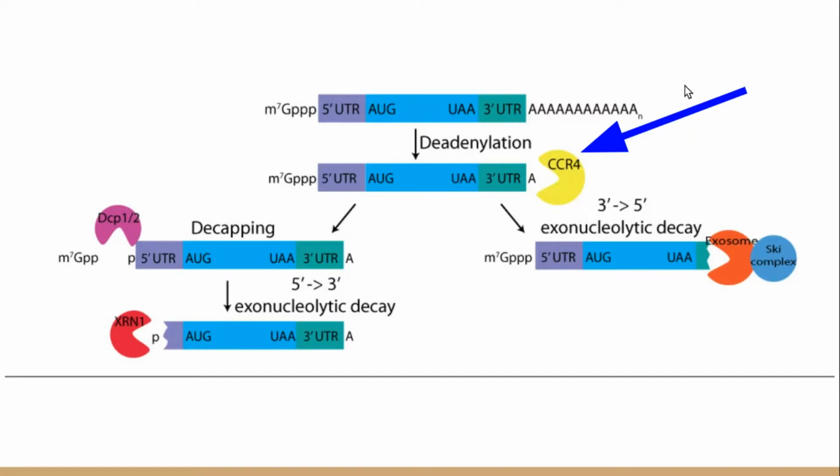So the PABP is the common poly A binding protein, and PABP binds and stabilizes the transcript by binding the 3' tail. But if it's displaced for whatever reason, it could be phosphorylation, it could be another protein complex, deadenylation complexes can bind.